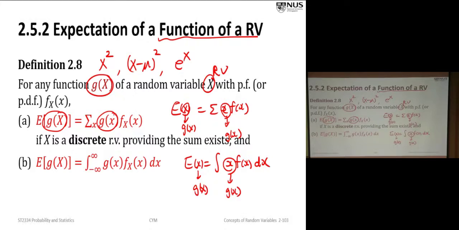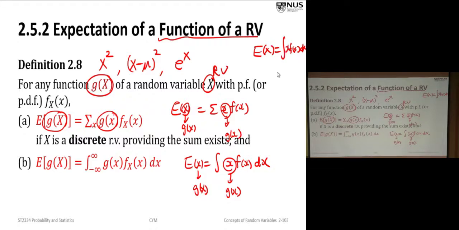By the way, just a word of caution: I saw some students make a careless mistake. When they find the expectation of x for a continuous random variable, they forget the definition. There should be an x here.